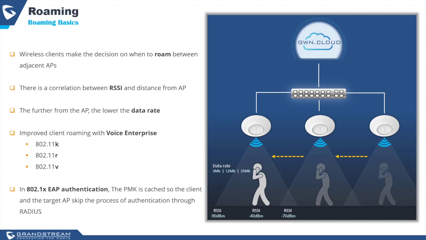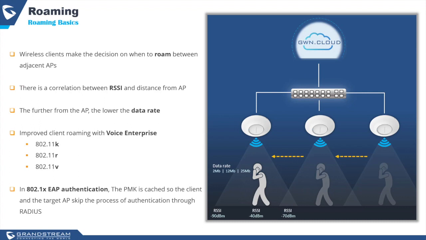Remember that wireless communication uses half duplex medium, and only one client can transmit on the medium at any given time. And that is why a lower rate client can affect higher rate clients. So later in this presentation, I will cover a method called air fairness that is supposed to help with such a situation. So we explained the traditional method of using RSSI when making decisions about roaming.